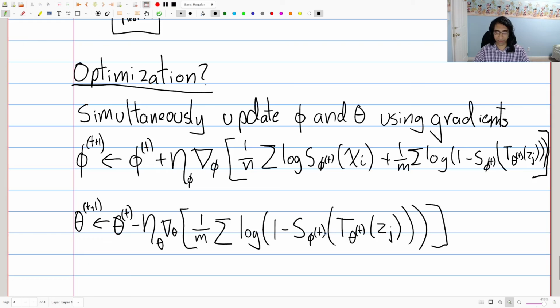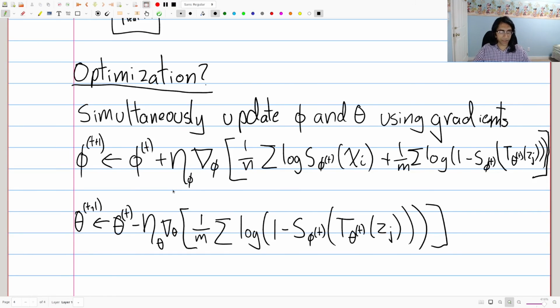You can see that we take the gradients with respect to the parameters at time t, and we update both of them to t plus 1 based on the things at the previous time step t. So if it were sequential, then maybe we would update this one, and then this would be with respect to t plus 1. But no, we do them both at the same time, which is kind of a canonical way of doing it. But there's many variations, of course.